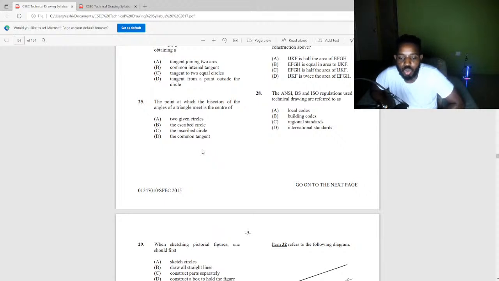When you bisect two angles of a triangle, wherever those two lines meet, if you draw a circle from that point, that circle would touch all three sides of the triangle without going outside the triangle. And if you bisect any two sides, where those two lines meet, when you draw a circle from there, you would get a circumscribed circle that would go around the triangle, touching all three corners, without going inside of the triangle. So it would be C, the inscribed circle.